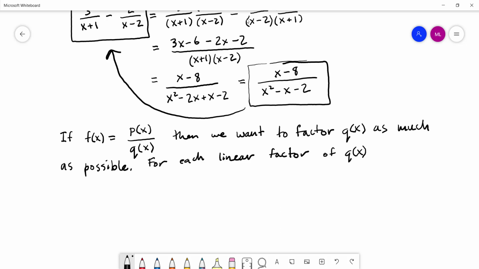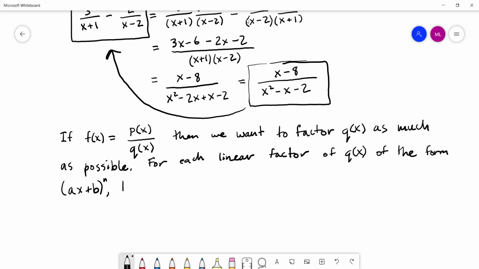But for each linear factor of q of x, it may take the form ax plus b, there's the linear part, and it may be raised to some power n. And that's going to be the multiplicity of that, basically how many times that factor shows up.